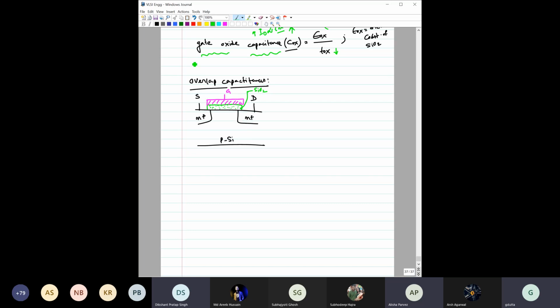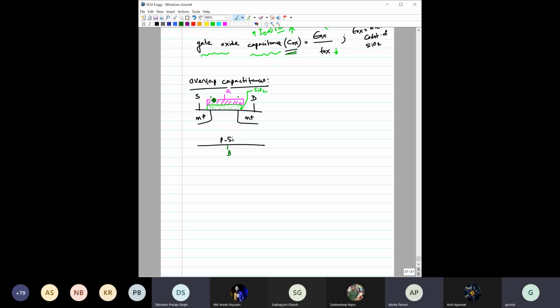Whenever we say Cox, it is the capacitance associated between this region. This is one terminal, and the other terminal is the body. One plate is this, and the other plate is this one, P silicon. So the capacitance between these two is this Cox.